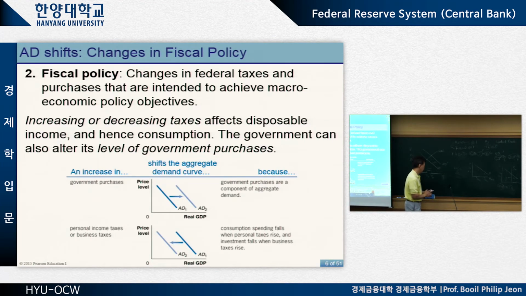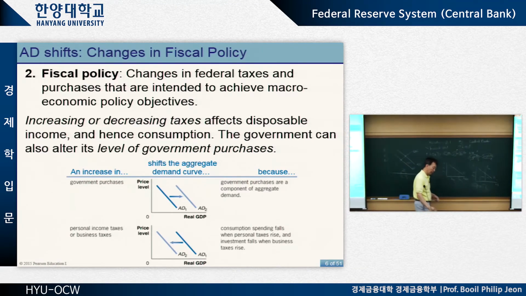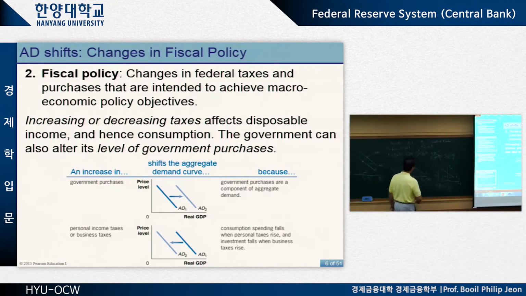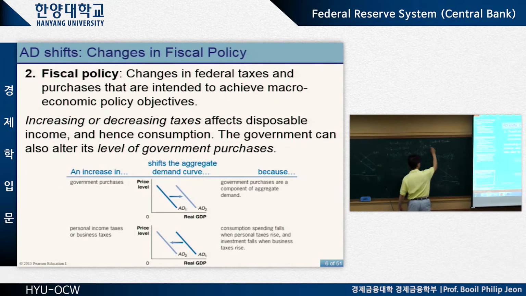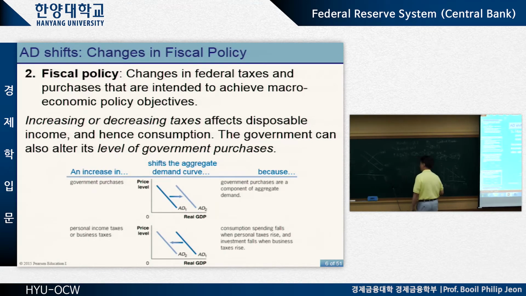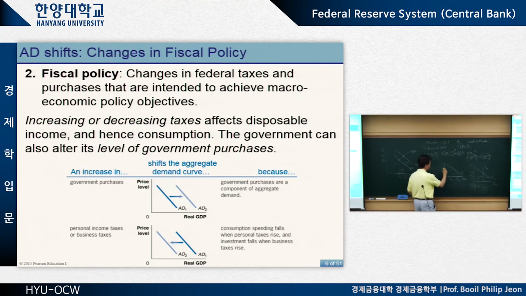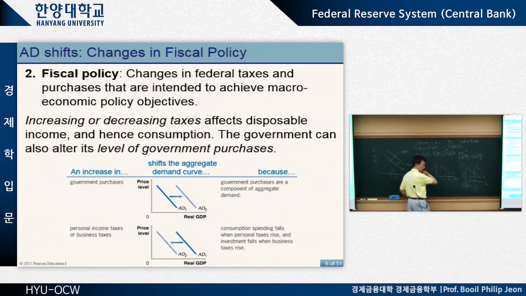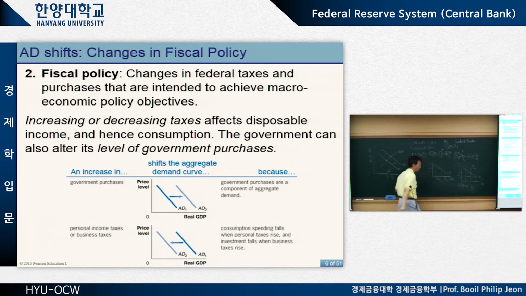Okay? Sometimes the government uses contractionary fiscal policy, which means the opposite: increasing taxes, reducing the government spending. It's called the contractionary fiscal policy tool. If that happens, of course, the consumption demand will decrease, investment demand will decrease, and G will also decrease.